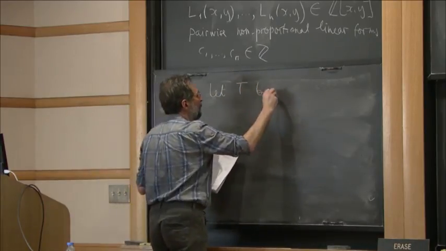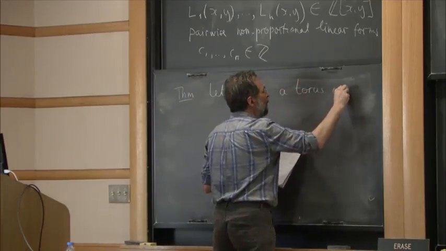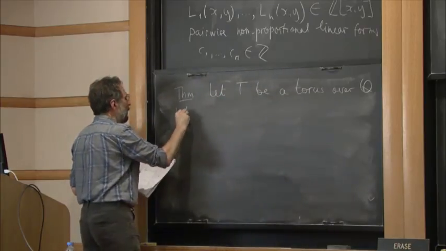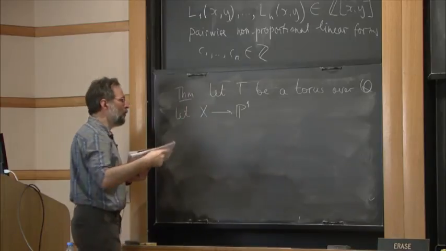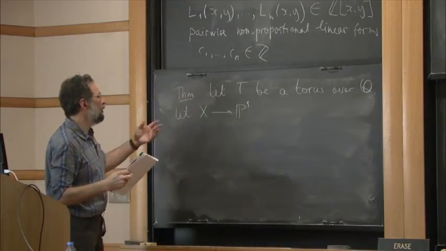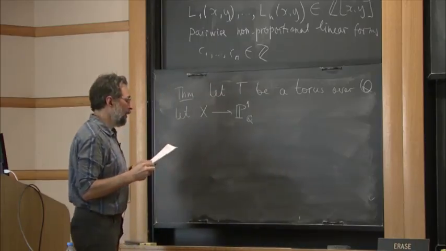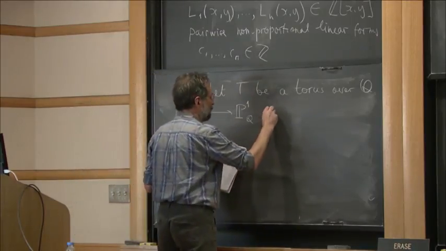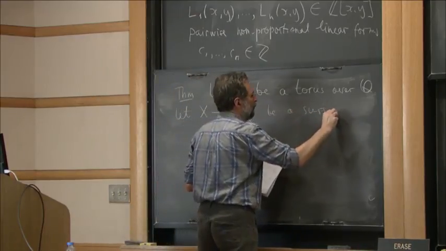Let T be a torus, an algebraic torus over Q, and let X be a smooth proper geometrically integral variety with a surjective morphism to the projective line over Q, satisfying the following condition.